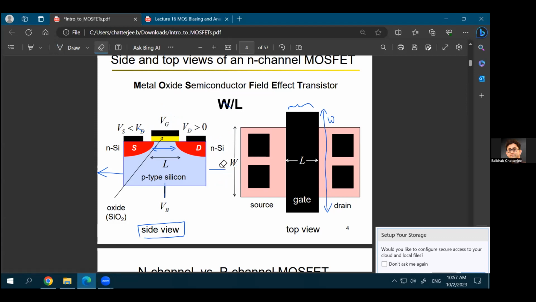That's the extended dimension that you don't see in the side view. So in the side view, it's easy to define only the length, but it's not very easy to define the width, because the width is the extended. So this is your length, but the width is something that you extend your gate, and the amount of extension that you have on the third dimension basically becomes your width. On the top view, it's very easy to see what is the width and what is the length, but from the side view, we'll only see the length of the device.